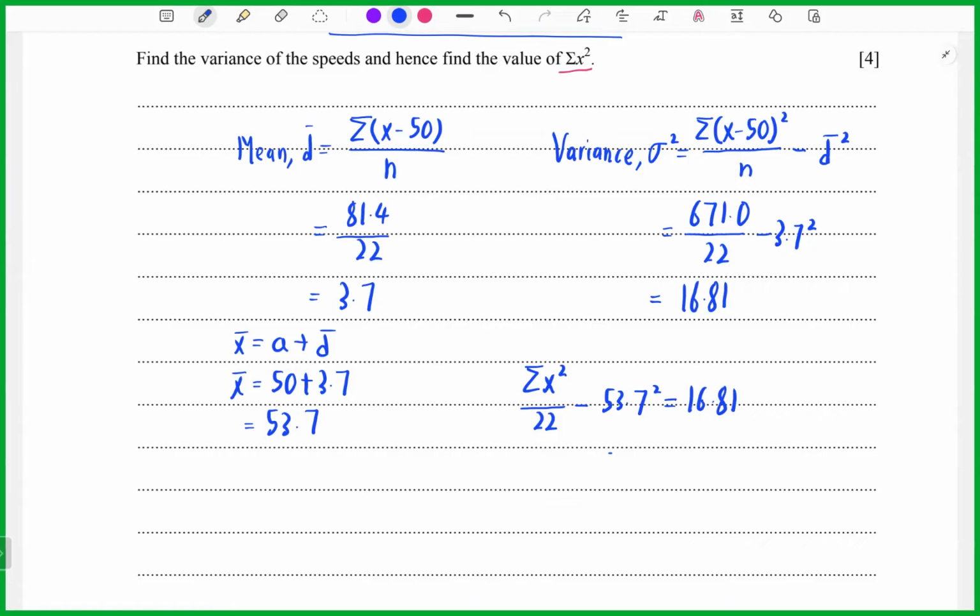So now we solve this part. Okay, so we get this. Multiply by 22, so you will get 63,811.